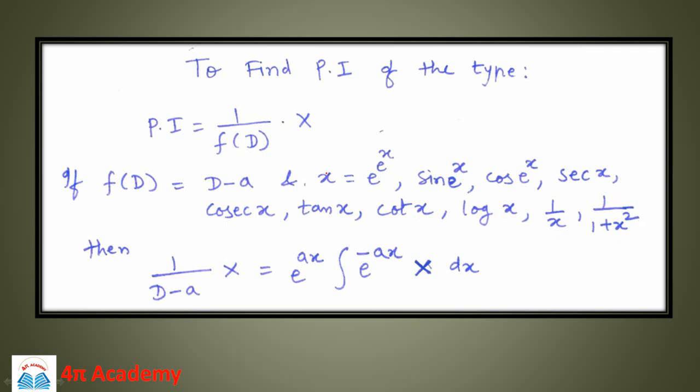If it is any one of these types, and if this f of D is of the type D minus a, then 1 upon D minus a into X will be equal to e raised to power ax into integration of e raised to power minus ax into X dx.